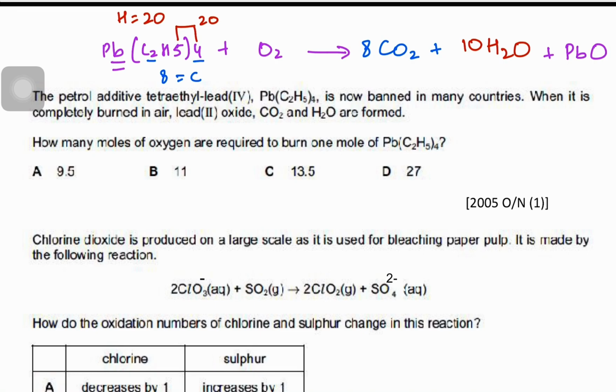So for example, I have 8 times 2, which is 16, 10 times 1, which is 10, and a single 1, so plus 1. So it's going to be 16 plus 10 plus 1, 27, over 2, because oxygen is available as diatomic. So you need 13.5 mole of oxygen gas.